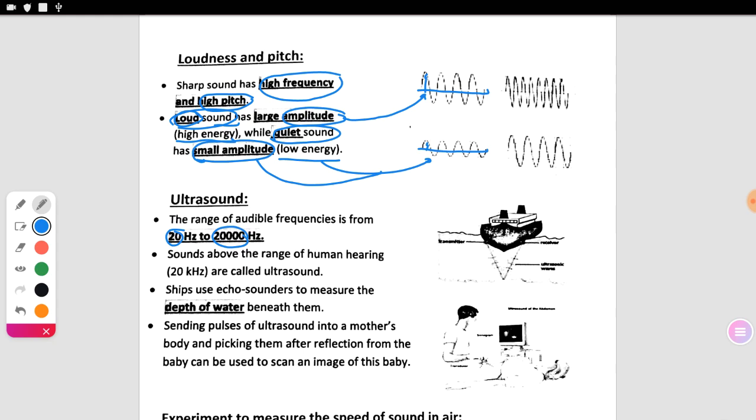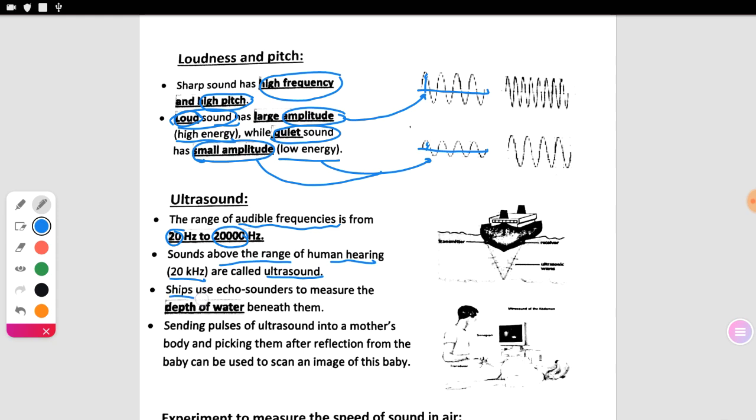The range of audible frequencies is from 20 to 20,000 hertz. Above this range of human hearing, 20 kilohertz or 20,000 hertz, sounds are called ultrasonic. We cannot hear ultrasonic.